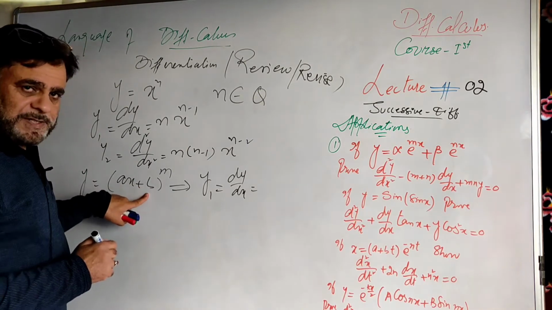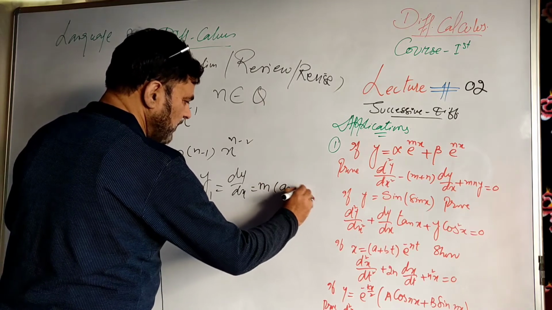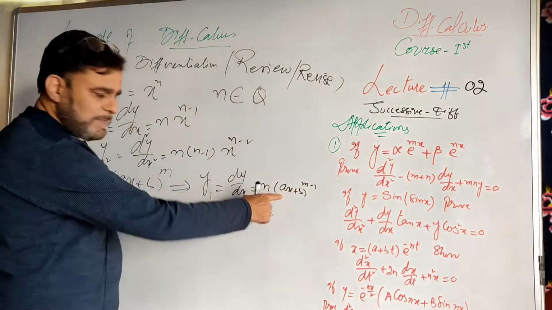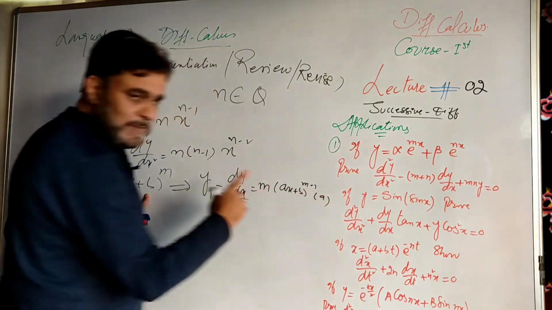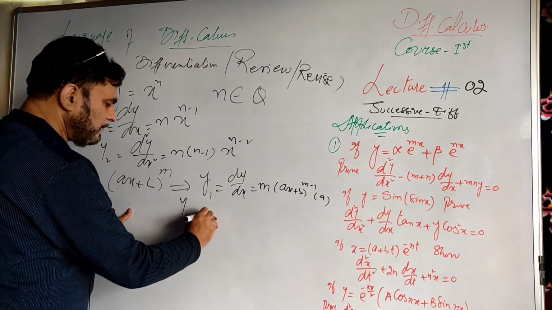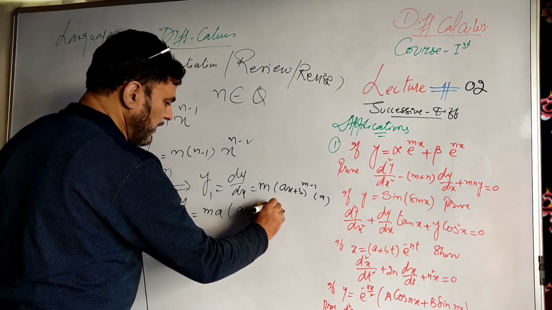When we differentiate this, m comes down, then it is (ax plus b) raised to power m minus 1, then the internal derivative of ax plus b, which is a. That means your y1 is m a into (ax plus b) raised to power m minus 1.